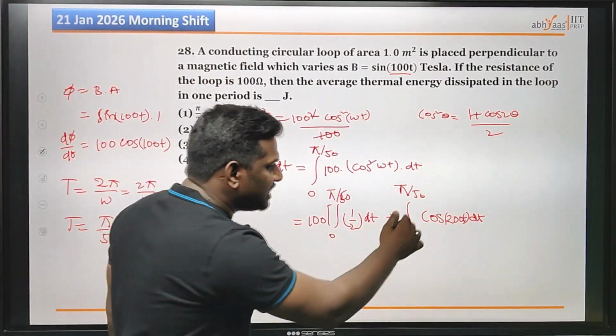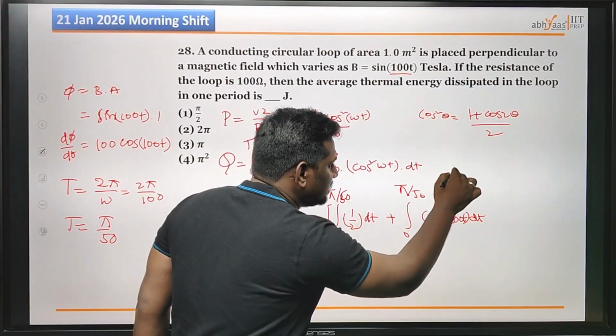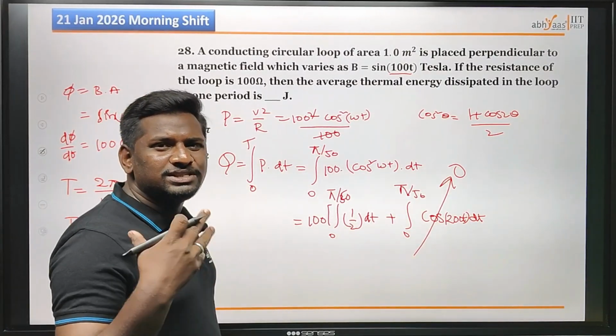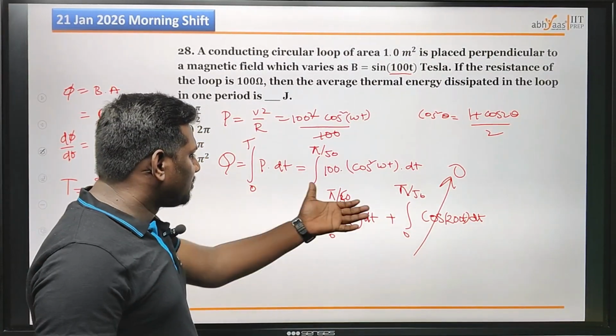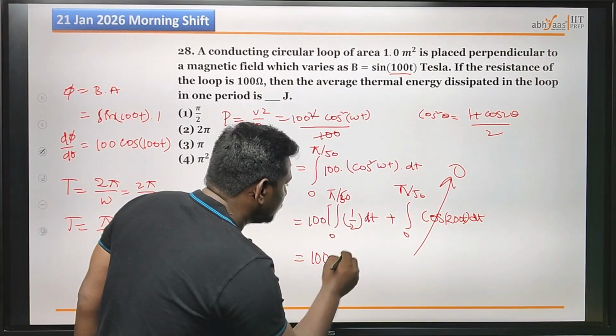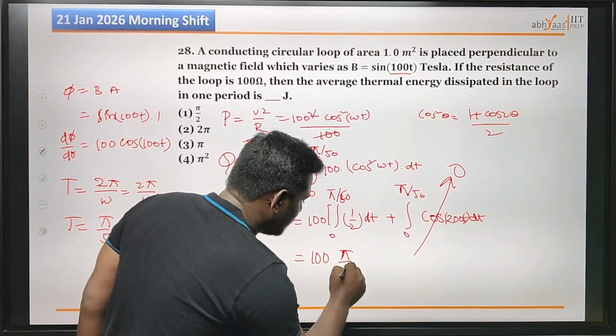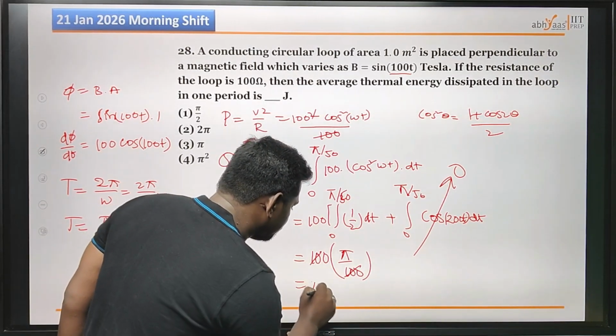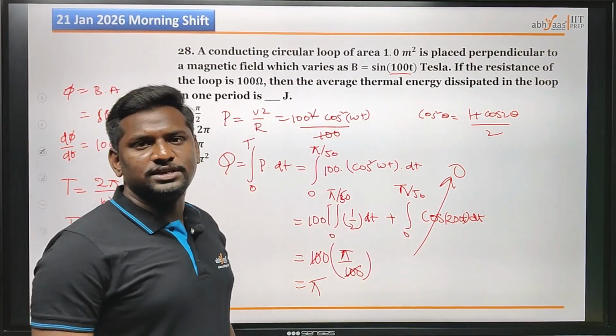If you solve this integral, you will get 0 because cos pi is always 0. So from this one you are getting the answer. So pi by 100, that is nothing but pi. What is the answer? Answer is pi.